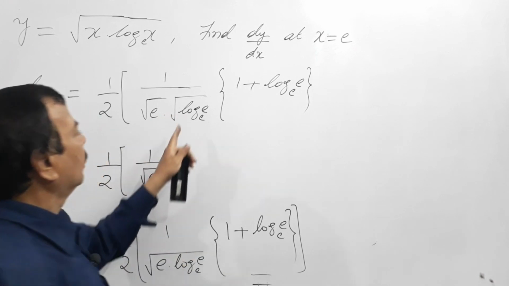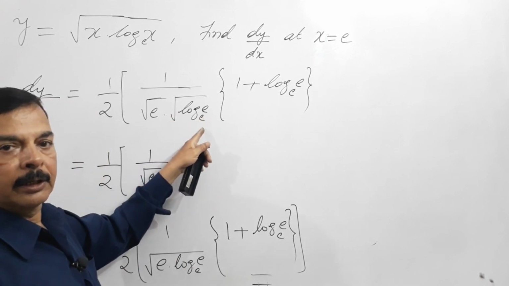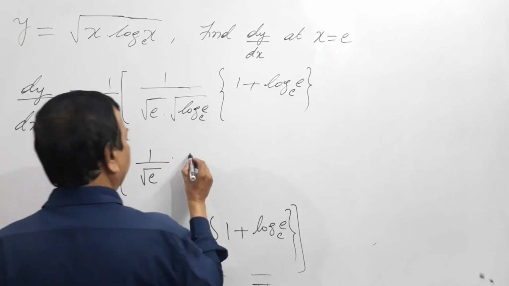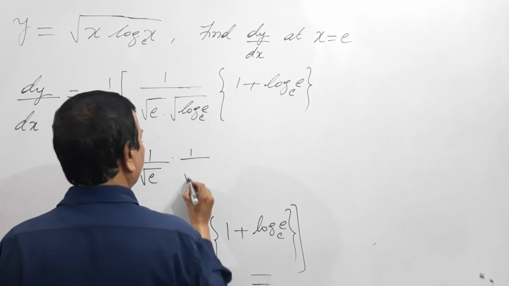So here log e to base e is 1, and root of 1 is 1.